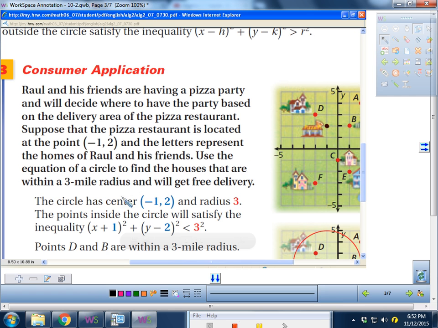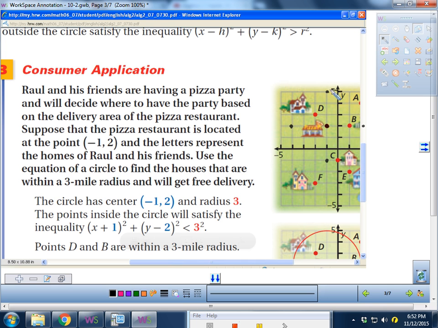It says the letters represent homes of Raul and his friends. Use the equation of a circle to find the houses that are within a 3-mile radius. So in other words, 3 miles. If every section is a mile, this would be 1, 2, 3 miles in each direction.